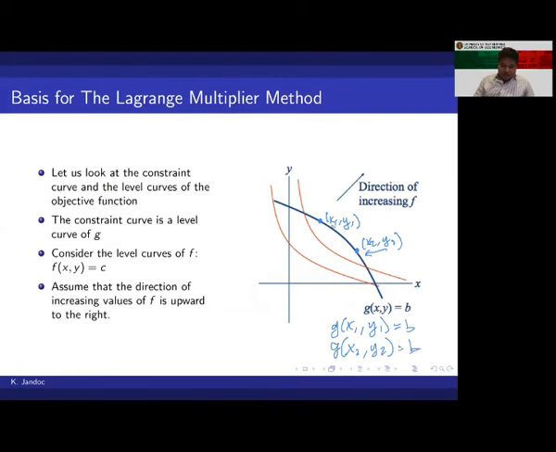If you enter x1, y1 into the function g, it will spit out b. If you enter x2, y2 in the function g, it will spit out b. So that's the constraint curve over here.